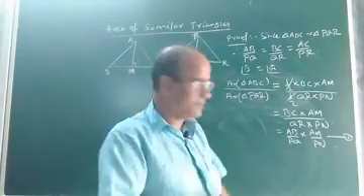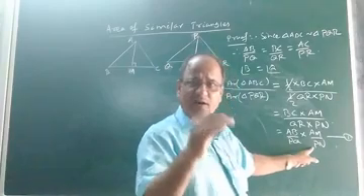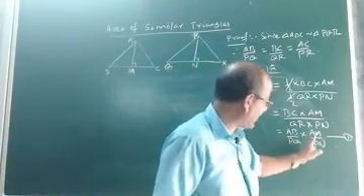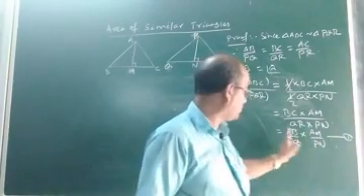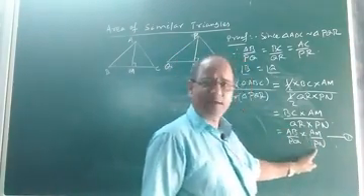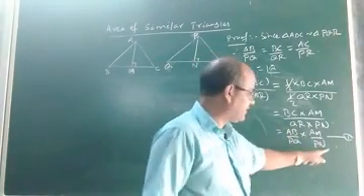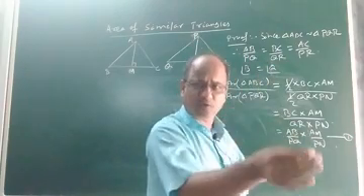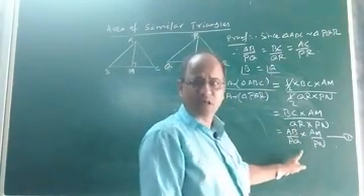So which is our aim? Our target now should be to prove that AM by PN is equal to AB by PQ. If we can prove that, then this expression will become AB square by PQ square, or AB by PQ whole square, which is our aim.